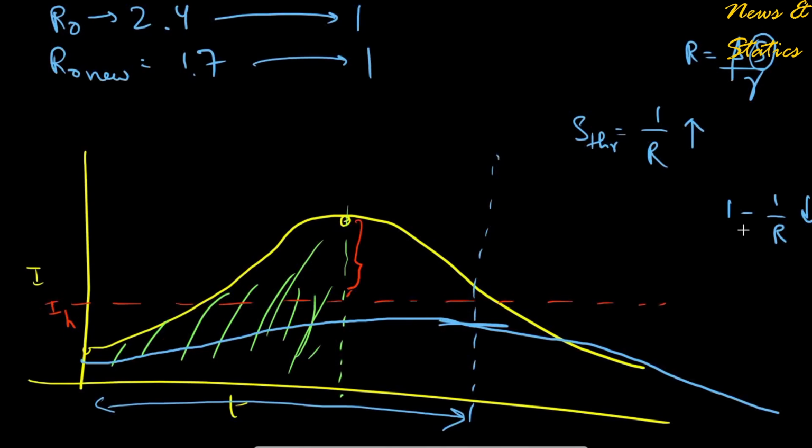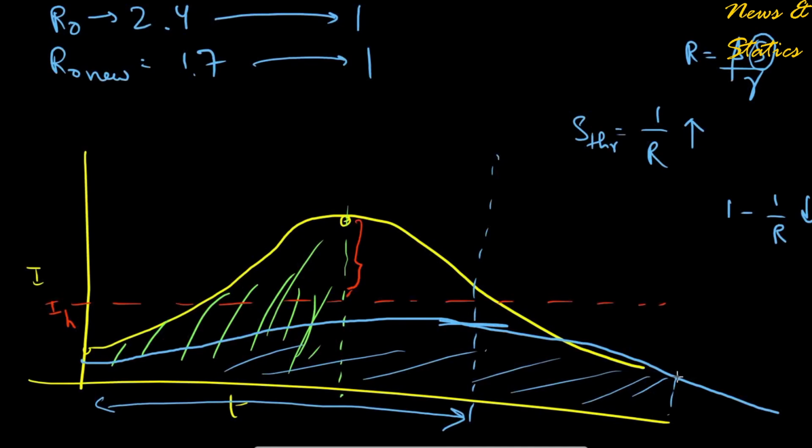Now what happens is that even after this peak has come, say at this point, the people who have become immune is 60%. So after this point, if you open the lockdown, there would be no problem.